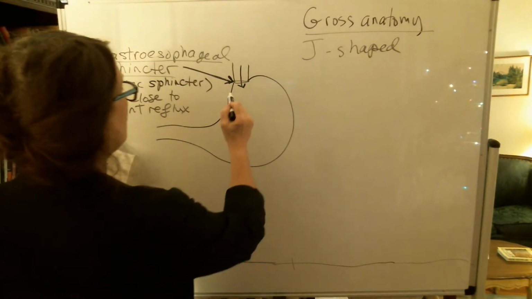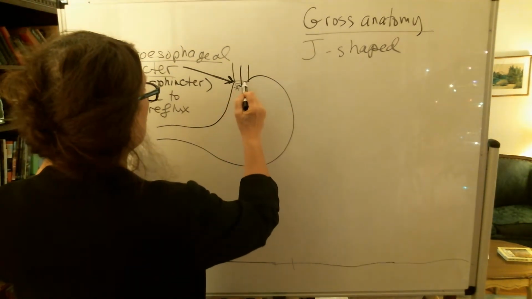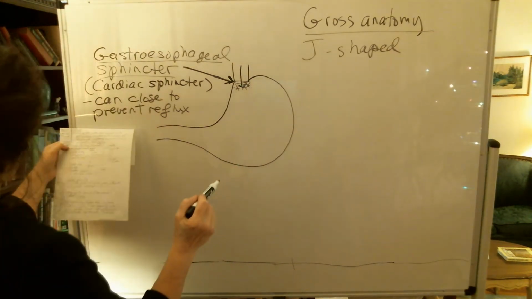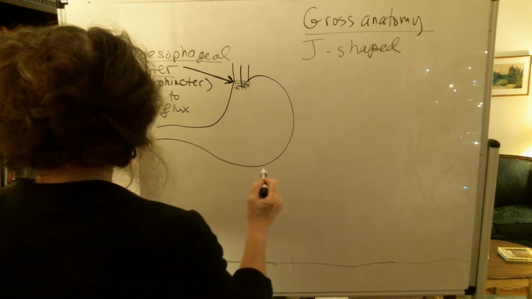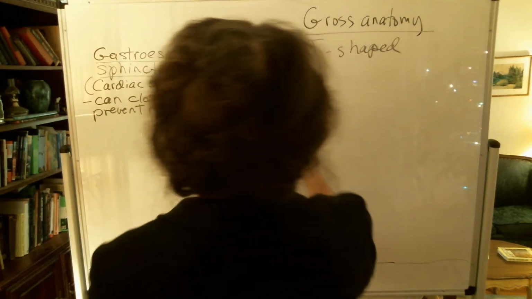Okay, so here we have the gastroesophageal sphincter. Then we have this area roughly in here that is known as the cardia.